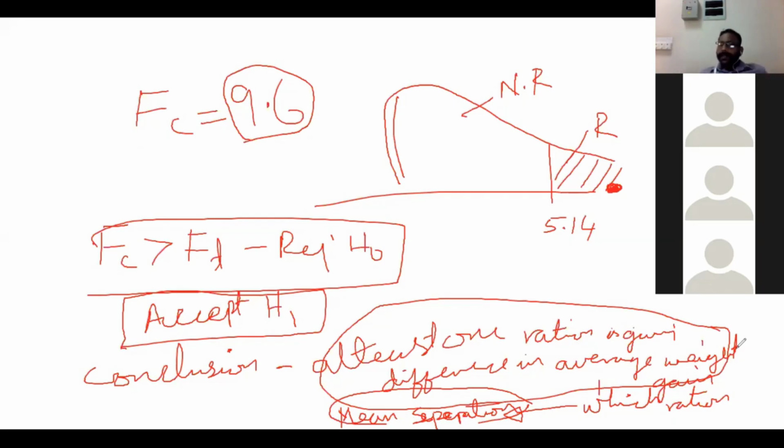We will learn this mean separation. I will be teaching you how to do it. At that time we will look at it. Is it clear? Anyone need explanation? Is it okay?